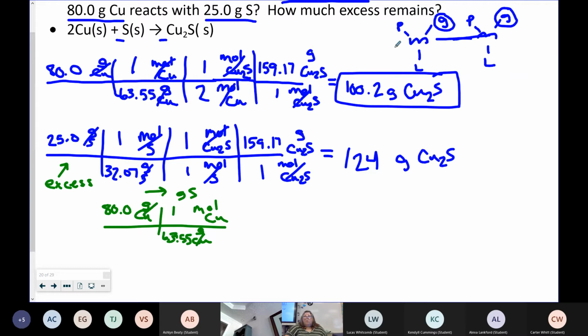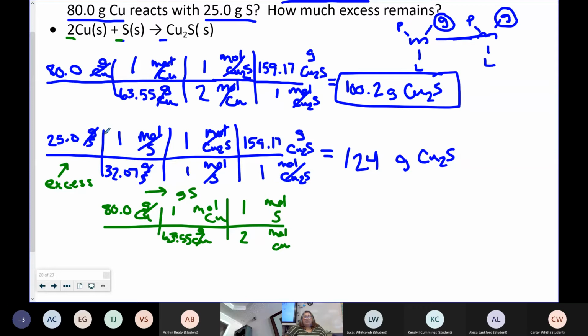Then we need to change from moles of copper into moles of sulfur. So that mole ratio step. Since we have copper, it's got to go down to the bottom and change into moles of sulfur. With our reaction, we have 2 coppers for every 1 sulfur.